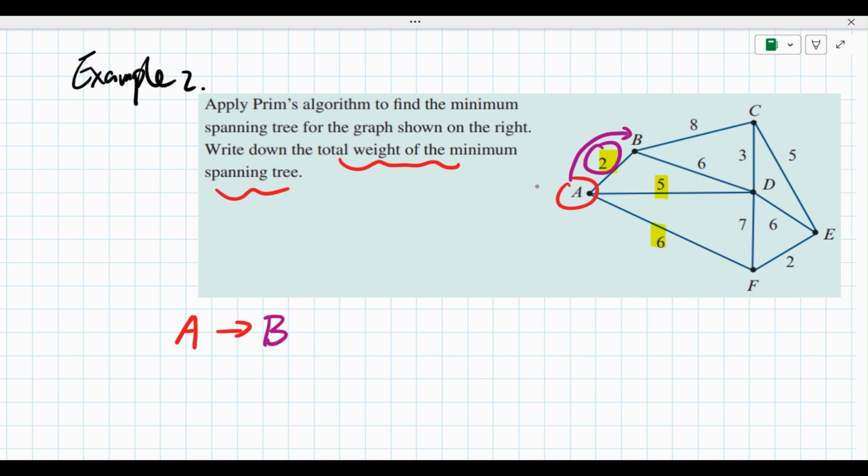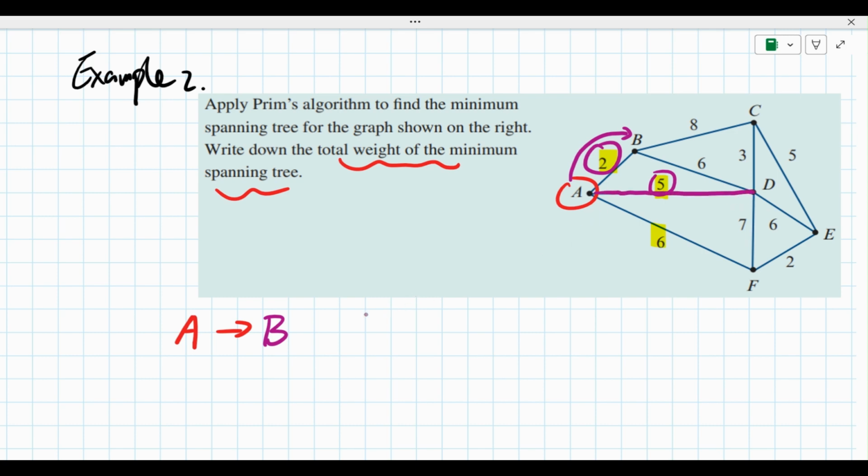And now what we're going to do is look at vertices A and B and choose the smallest weight edge from either. The smallest weight edge from either vertex A or vertex B is from A to D, which is 5.